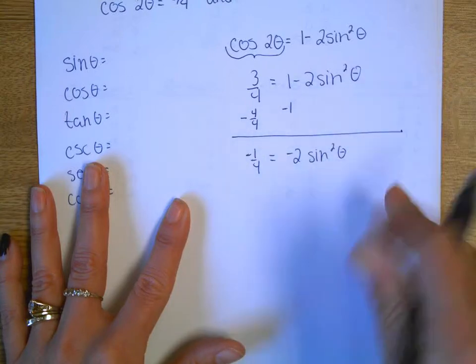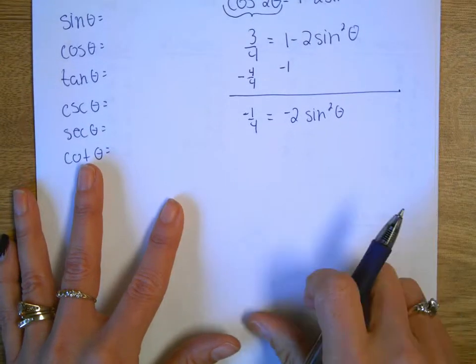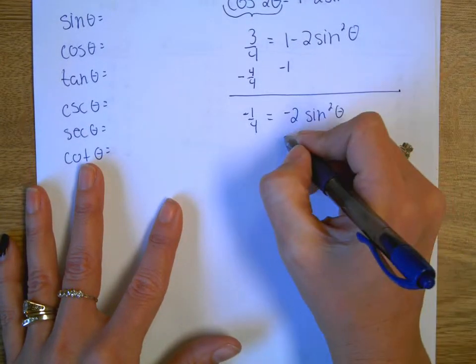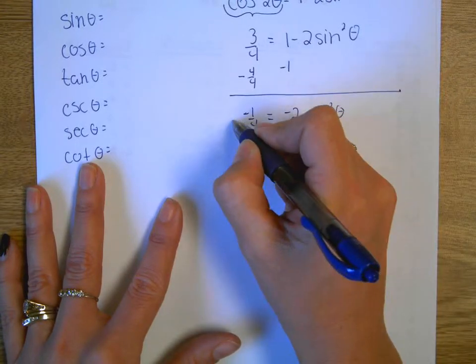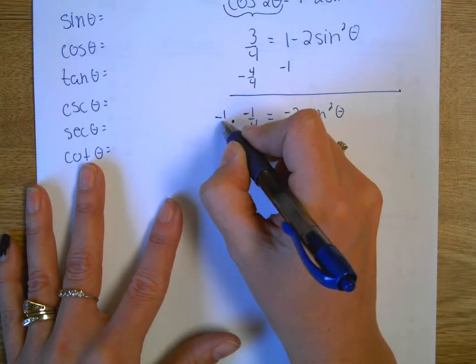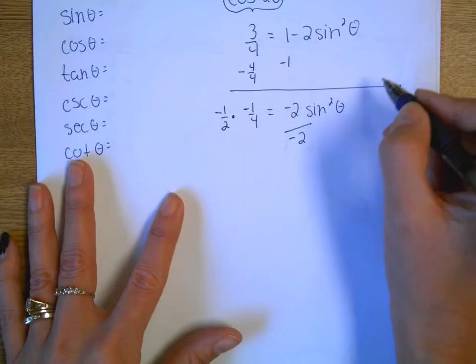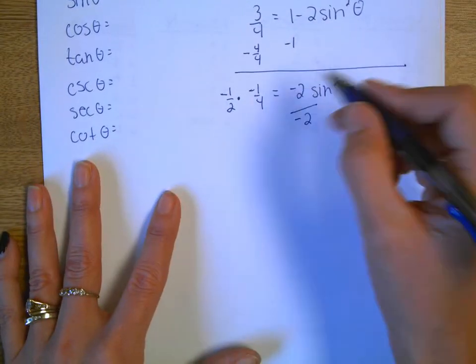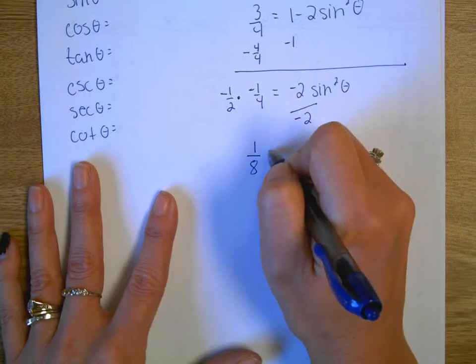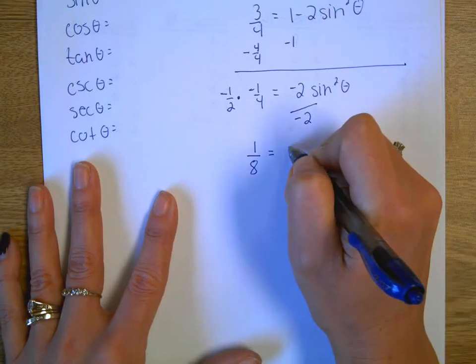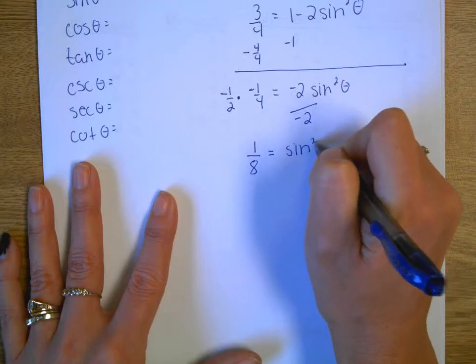Now what? Divide by negative 2. What's the same thing as dividing by a negative 2? Multiplying by a negative 1/2. What are we going to have over here? 1/8. Positive, equals sine squared.